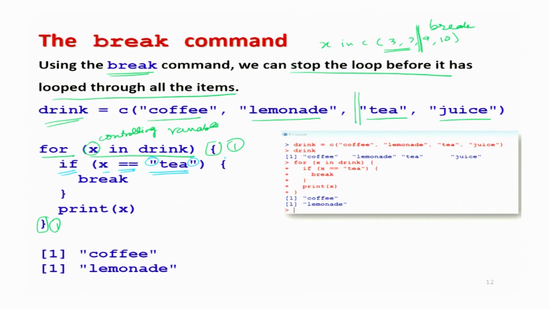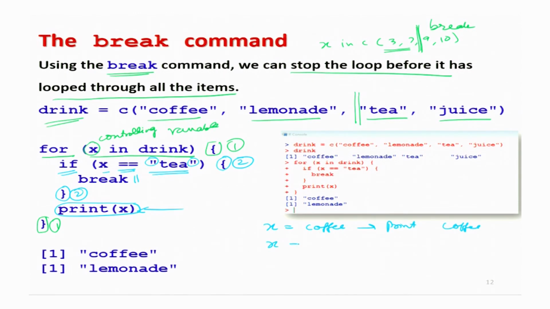Then you execute the commands inside this curly bracket number 2. And what is that command? Break. That means break the program, and then whatever values you have collected before that, print them, right. Now if you see what will happen, the control will start with x taking the first value, coffee, and it will print coffee.